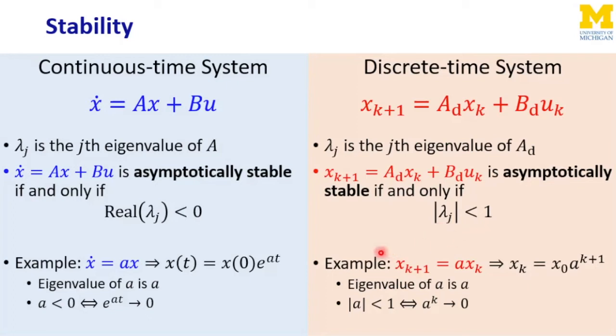Again, we can see this from a simple example. Let's look at this discrete time system. The solution of this discrete time system is shown here. Again, the eigenvalue of A is just a, and this term a to the k goes to 0 if and only if the absolute value of a is less than 1.